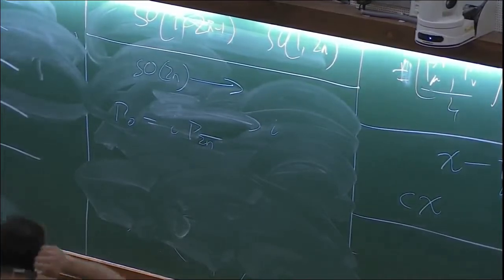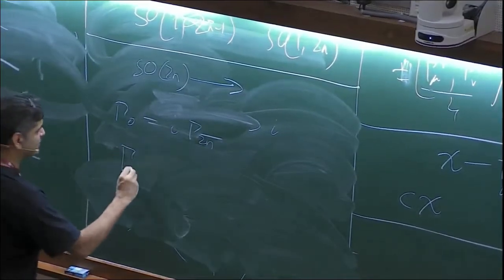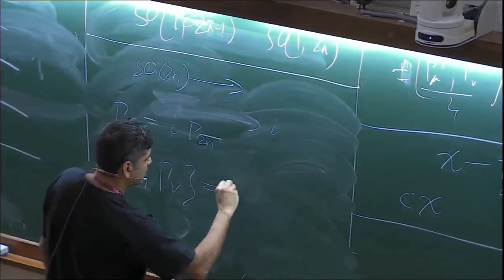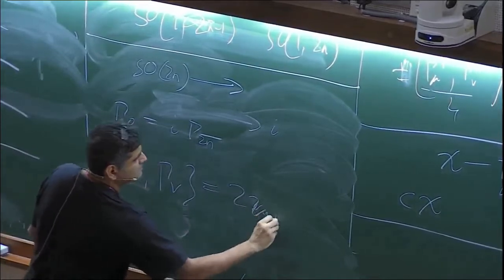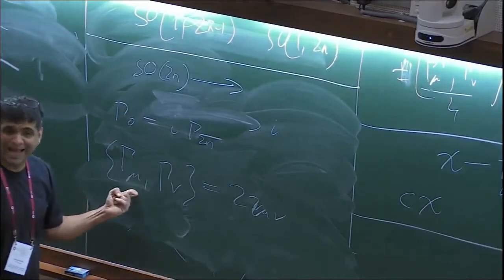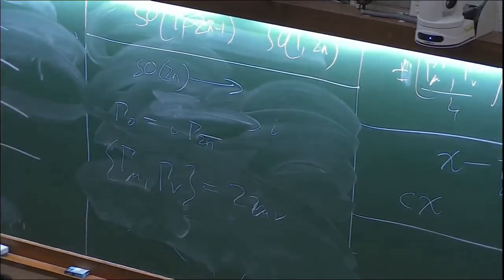In this case, now our gamma matrix algebra is the anticommutator of gamma mu and gamma nu equals 2 eta mu nu, as you can easily check. Gamma 0 squared picks up an additional factor of i squared. That makes the difference between delta and eta. Now, all we've done is take one of the gammas and multiply by i.